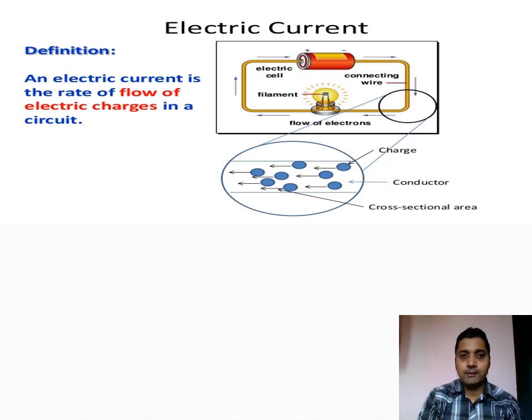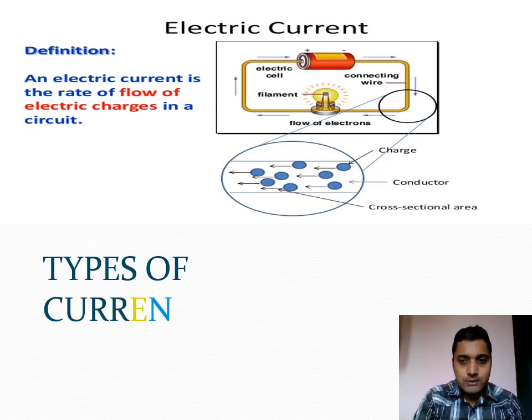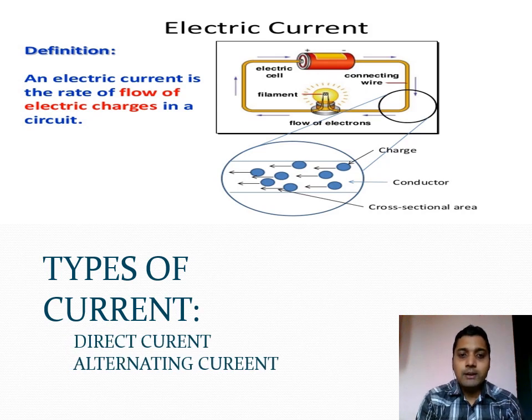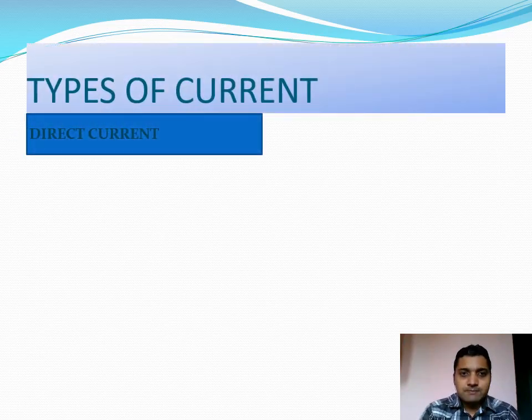Depending upon the source and some properties, current is divided into two types: one is direct current and the second is alternating current. DC is direct current, AC is alternating current. Now we'll look at the different aspects of direct current and alternating current.